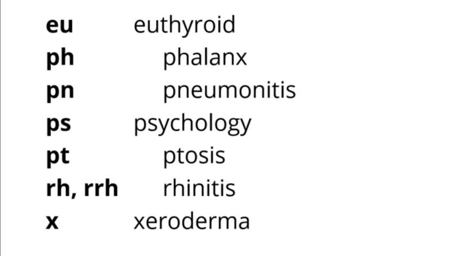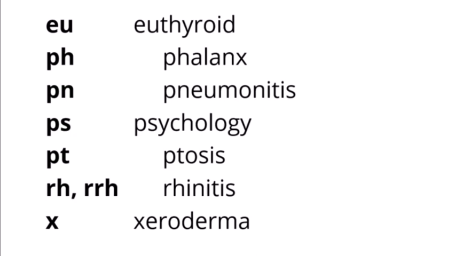Then we have PT, which has a T sound, such as ptosis, a drooping or sagging. This, like the PN sound, is similar to where when the PT is at the beginning of the term, you're going to have a T sound. If the PT is within a term, you're going to pronounce the P, then the T, as in blepharoptosis. You have your P, then your T.